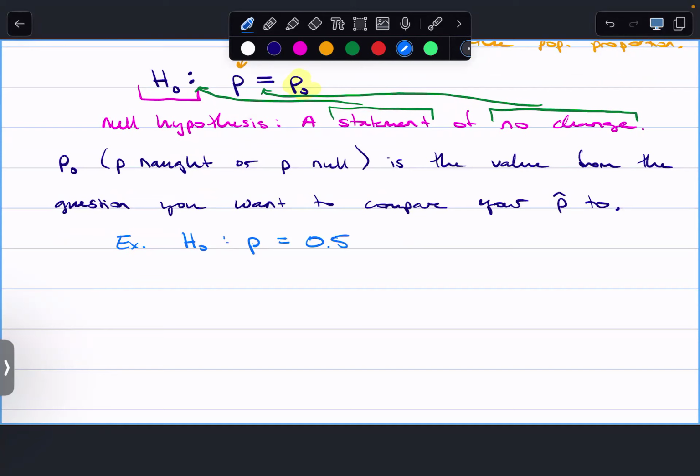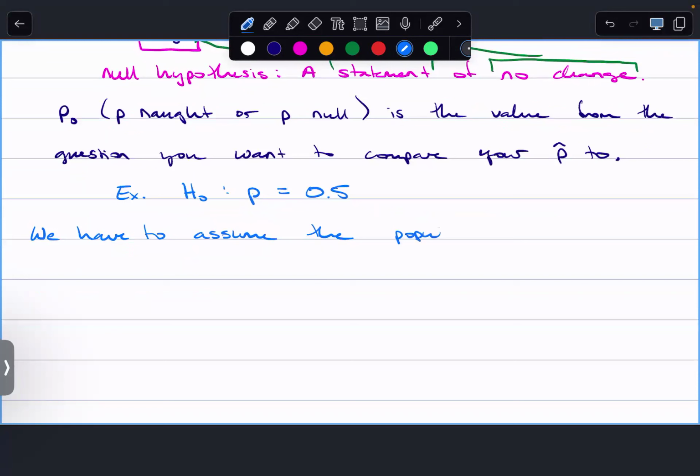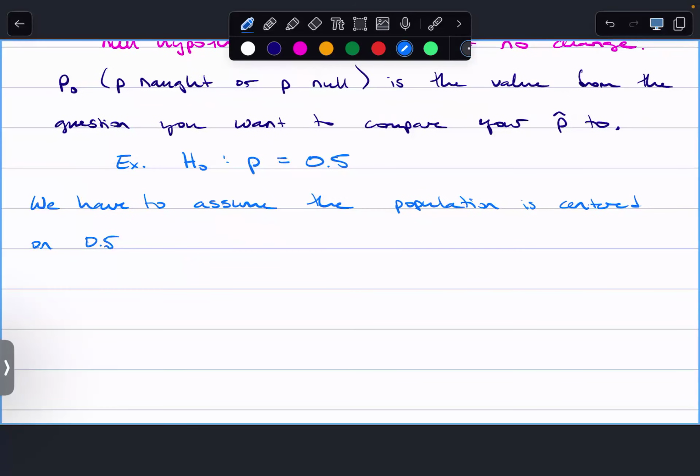We have to assume that the population is centered on 0.5 until we have proof otherwise.